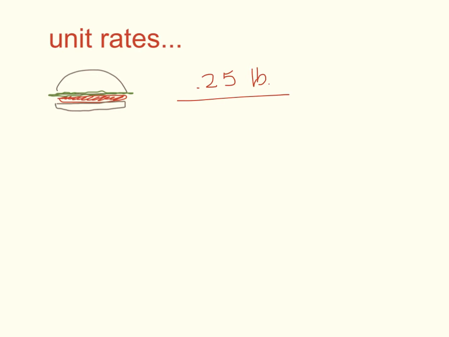And then I'm going to put the price at the bottom. It costs $3.50, let's say. And then I want to compare that to a hamburger with 1/3 of a pound. So that would be 0.3 bar.